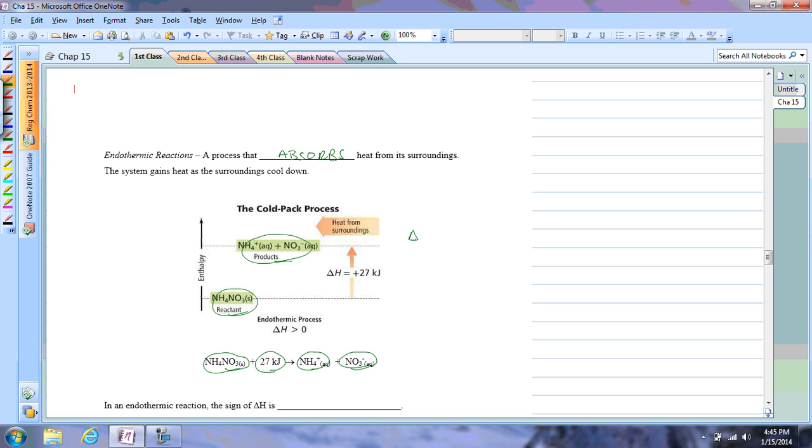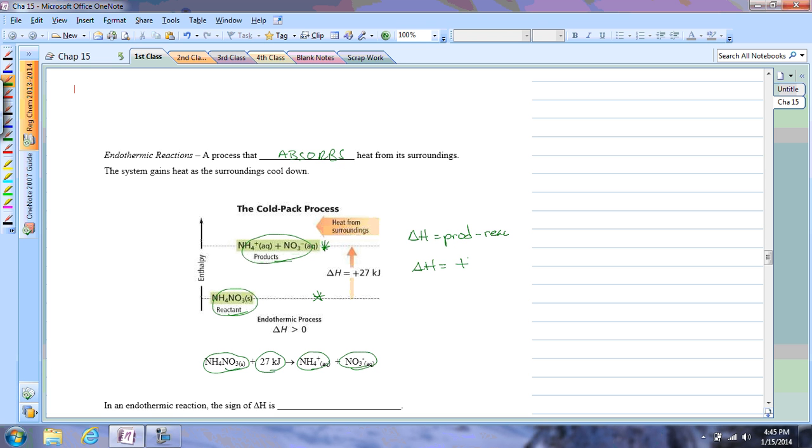If delta H is equal to products minus reactants, this time the products are relatively high compared to the reactants, and delta H will be a positive value.